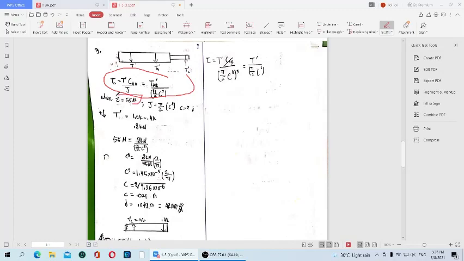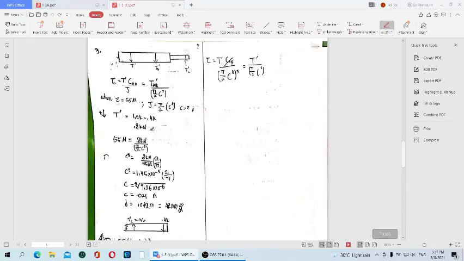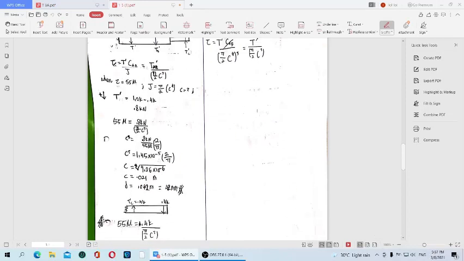So this value we will use in calculation. So you have J, you don't know the value of C, which is what the question is asking us, the diameter of AB. We don't know the value of C, but we do know the value of tau. So there is only one unknown.